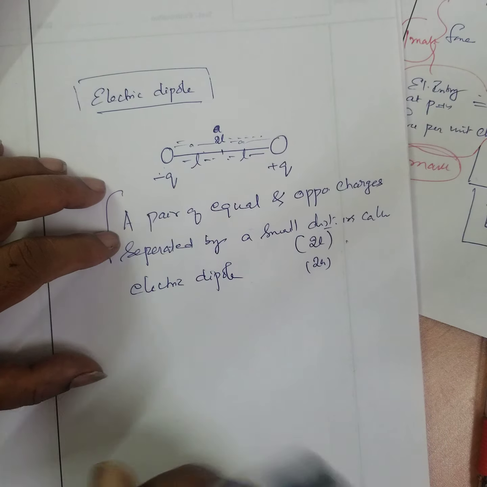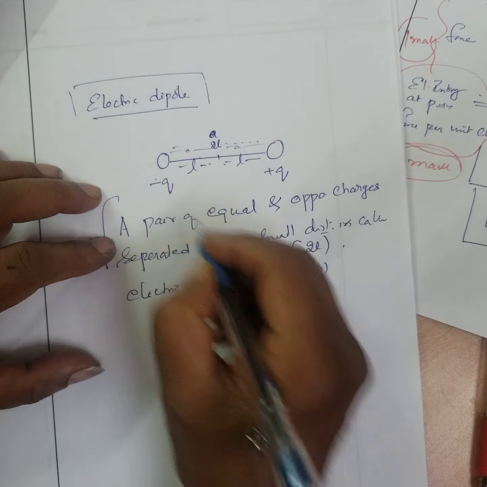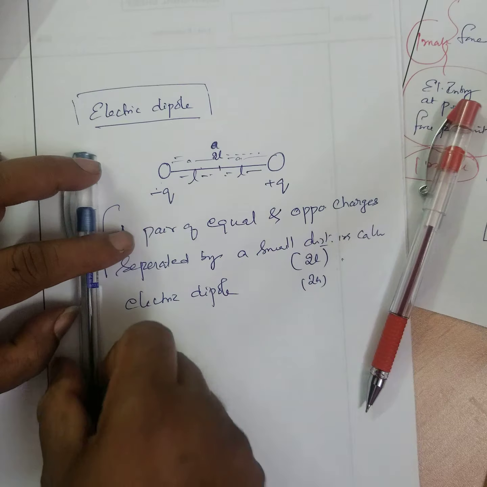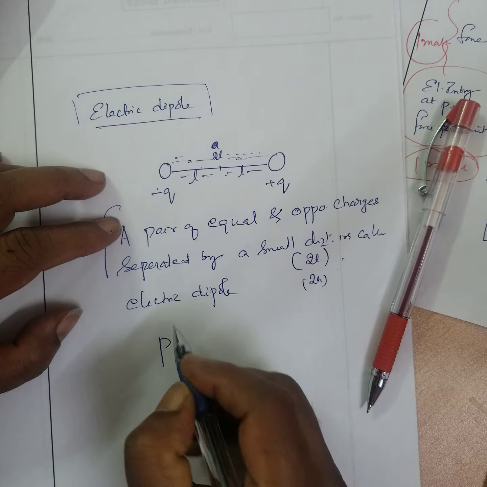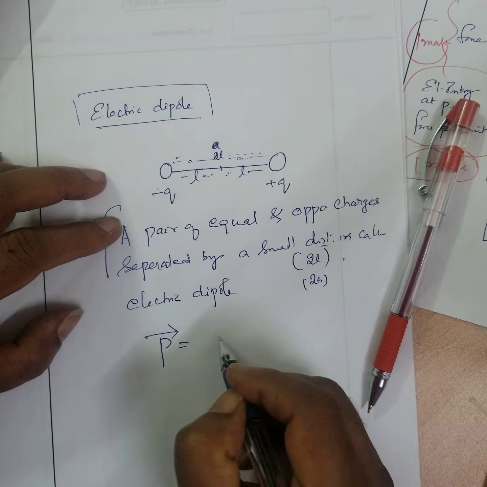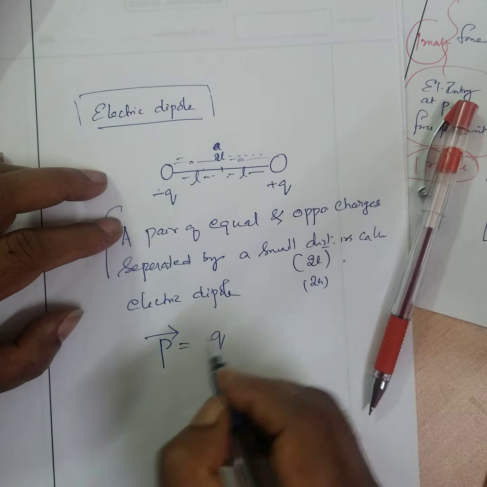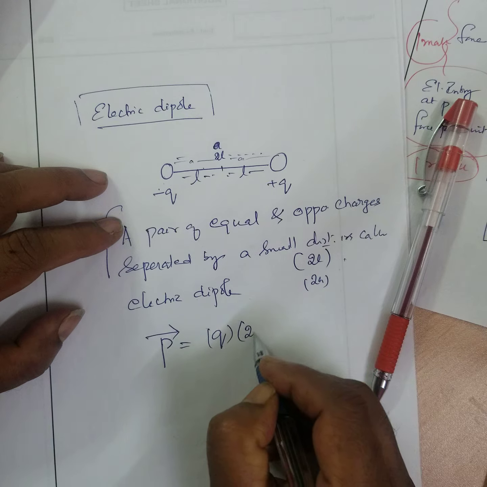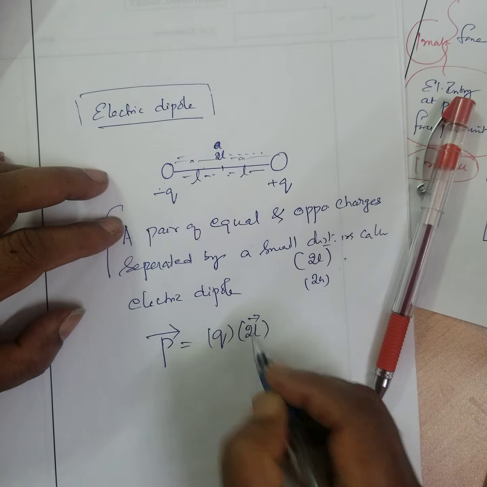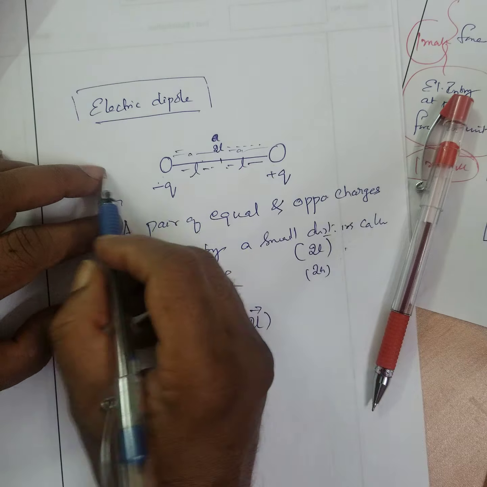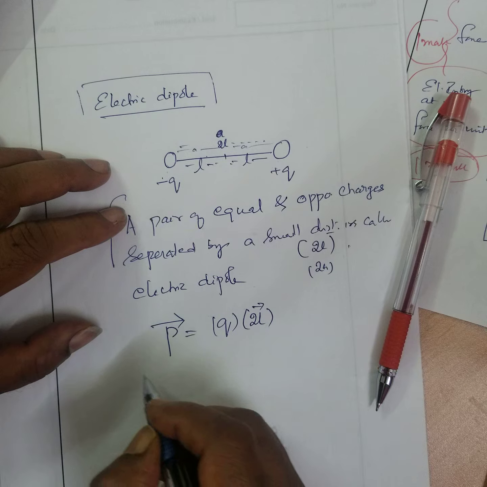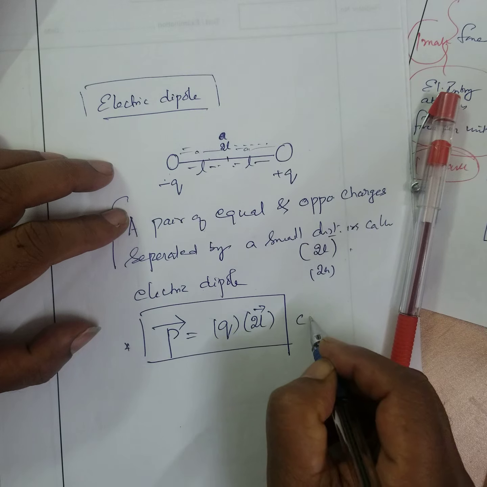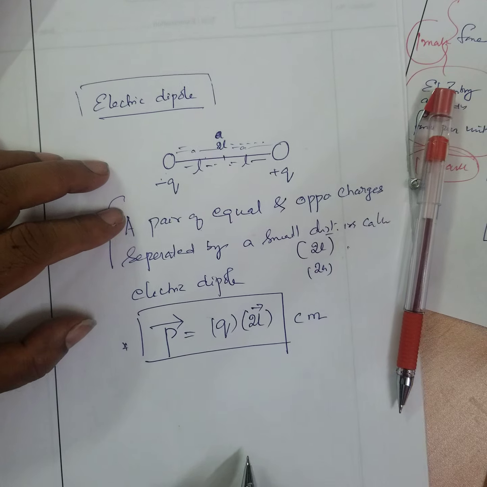Now, what is the direction of the vector here? Electric dipole is a vector quantity. It is measured by the magnitude of the charge and the distance between the charges. Therefore, this is a vector quantity. Coulomb meter is the unit.